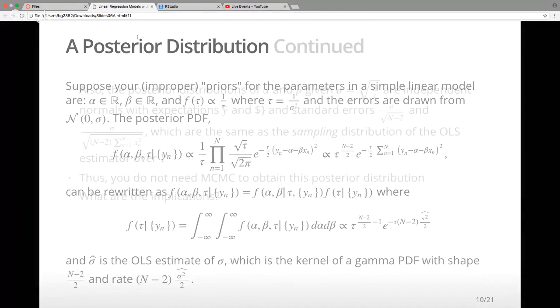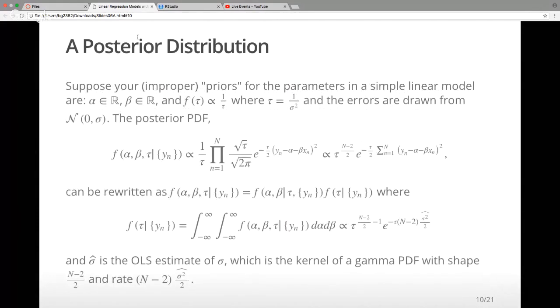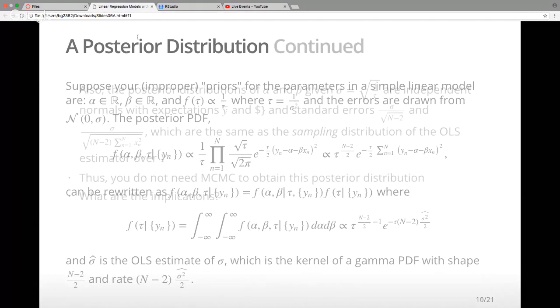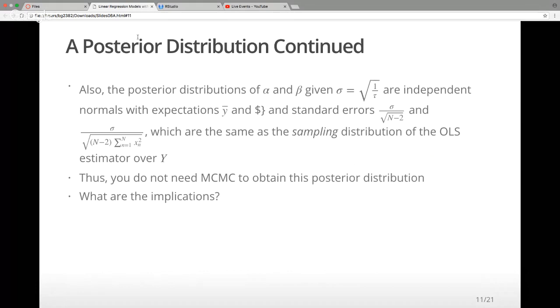Okay. So then what is the distribution of alpha and beta given tau and the data? That one is actually simpler, but I don't want to really dwell on it. They both come out to be normal, and the expectation of the normal distribution for alpha is y bar. The expectation of the distribution for beta is beta hat from OLS.